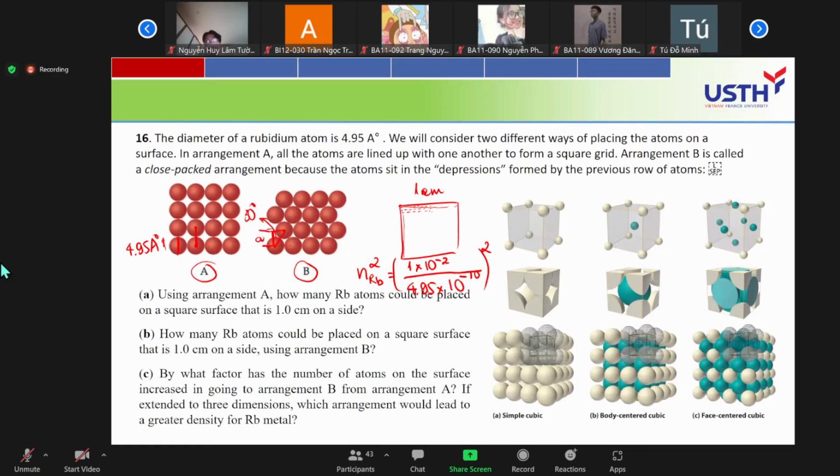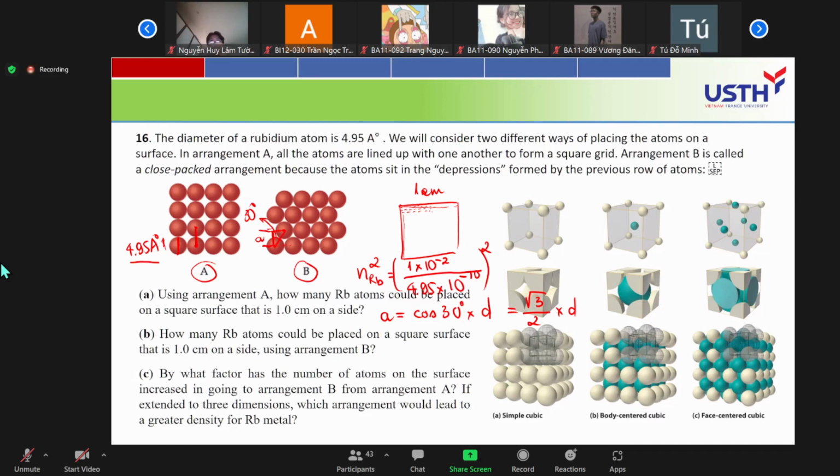This means the distance between two layers of rubidium atoms will be A. A will be equal to cos theta multiplied by D, and this will be equal to square root of 3 over 2 multiplied by D, the diameter. So A will be smaller than the diameter of the rubidium atom.